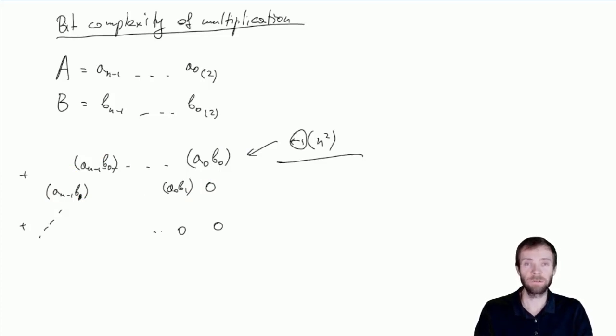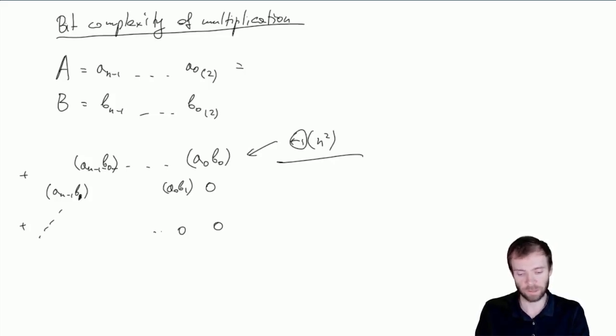So let's try the divide and conquer approach here, one of the standard approaches in computer science, and see what it can do for us. The simplest way that we can try to apply divide and conquer is to divide each of the numbers that we have in two halves.